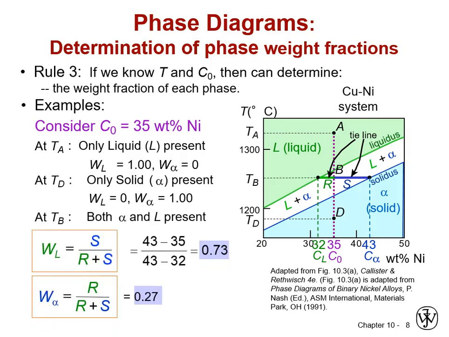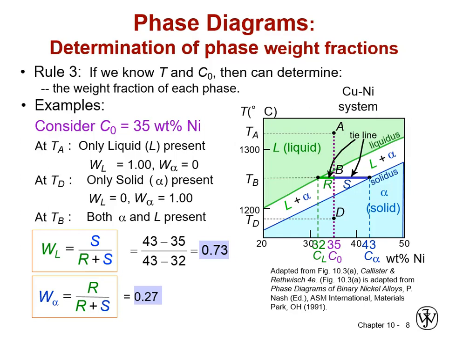We can use the ratio of the tie line regions to tell us how much liquid and how much solid we have. So the weight fraction of liquid, and in this case it's a fraction based on just two phases, liquid and solid, is the portion of the tie line labeled S over the entire length of the tie line.